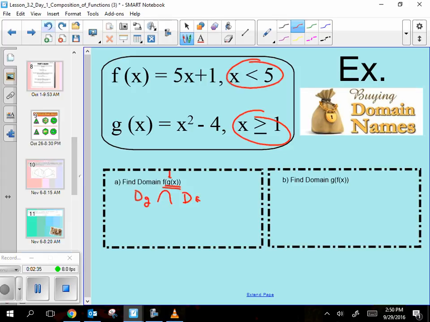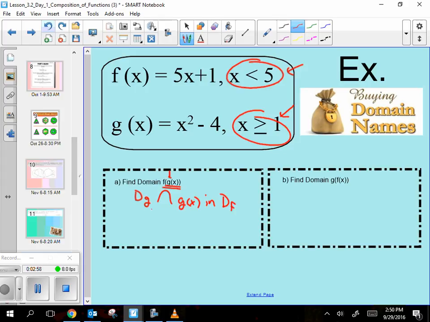It's not, because then it would just have to be this intersected with that. I draw both number lines, see where they overlap. It's not that easy. Because this is a function in a function, we now need to go the g function, g of x, the inside function, in the domain of f.